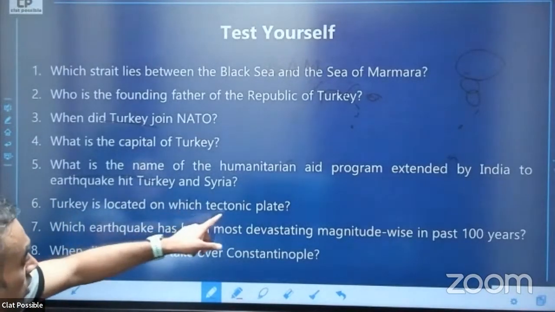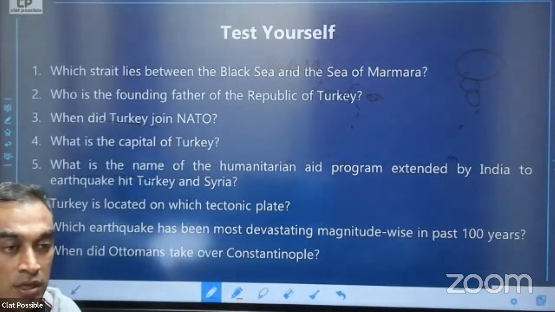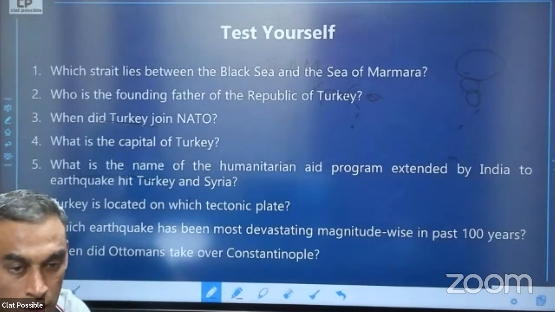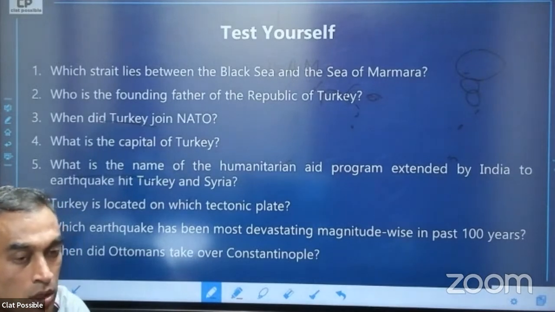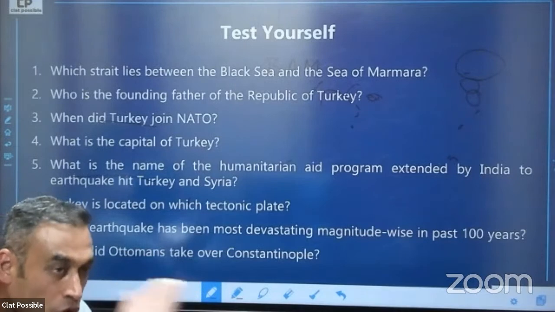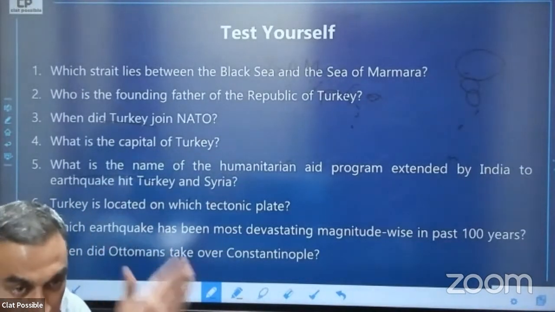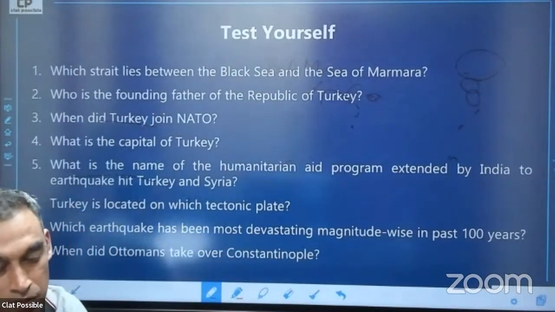So Turkey is located on which tectonic plate? What is the answer to this? So we just did that. 95% of Turkey is based on this particular plate. Priyanka mentioned to you about the north and the eastern part. The earthquake took place on the eastern part.